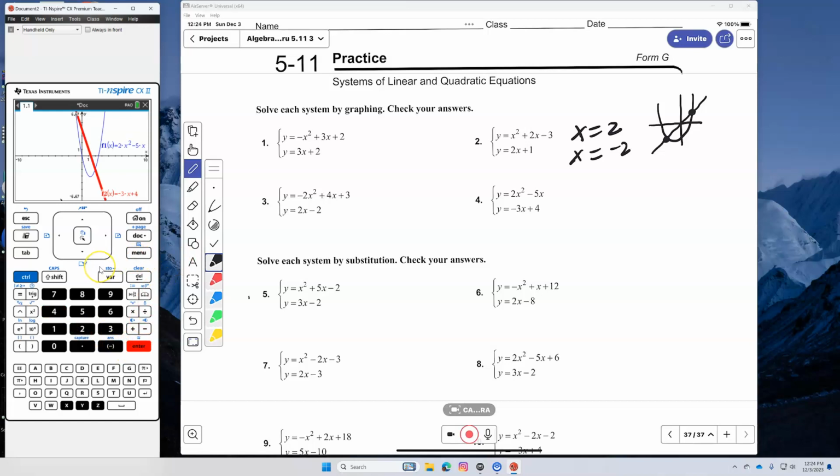And so where they both intersect is going to be the answer. So we have menu, analyze graph, intersection. So the answer will be x equals negative 1 and x equals 2.